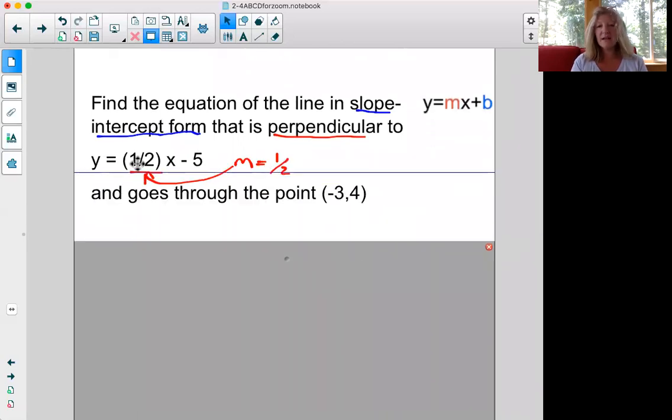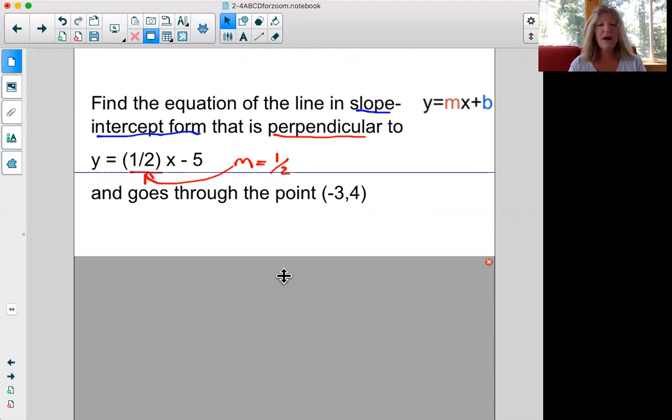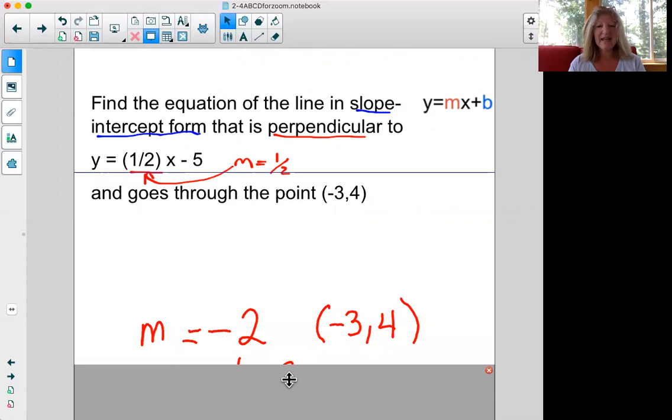So if that line has slope 1/2, and my line is perpendicular, my slope will be the opposite sign, that's positive, so I'll be negative. And it's the reciprocal. If that's 1/2, I'll be 2 over 1. So my slope will be -2, or -2 over 1, and goes through this point.